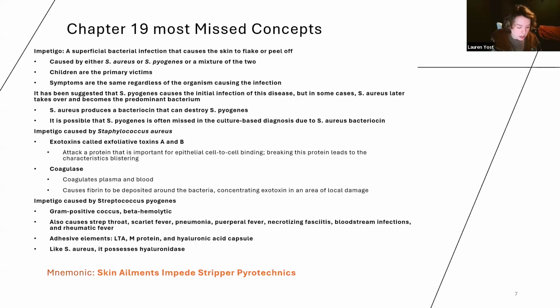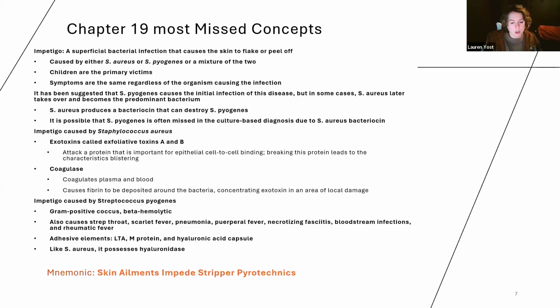But it starts with strep, then staph takes over, and the exfoliative toxins made by staph are what cause that blistering or flakiness associated with impetigo. Staph also produces coagulase, which is an enzyme that coagulates plasma and blood and is often used as a diagnostic test for staph, which is talked about a little more further in the lecture.